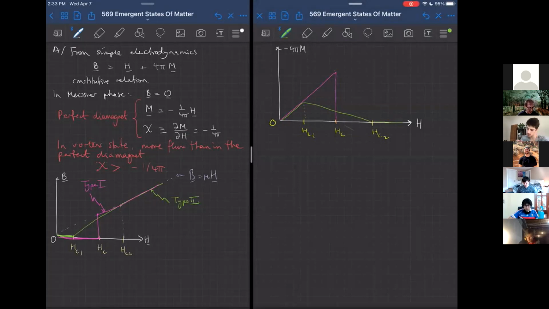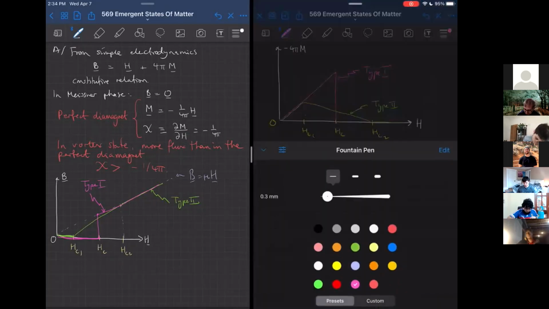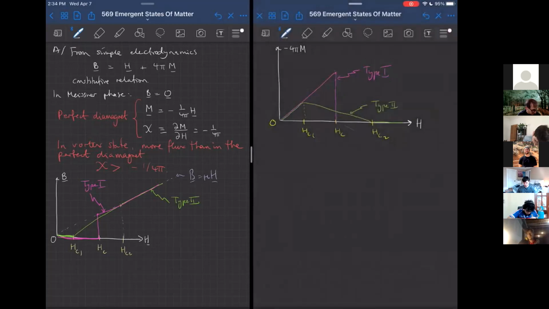So this is type 2, and this is type 1. Okay, so that's the magnetic response. We haven't said how it happens, but this is certainly what you would measure.